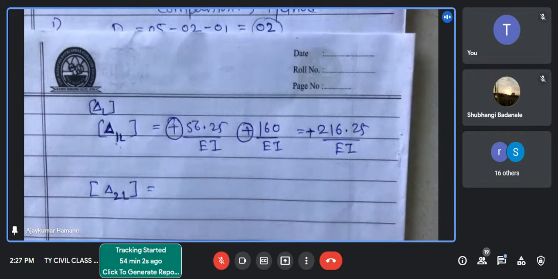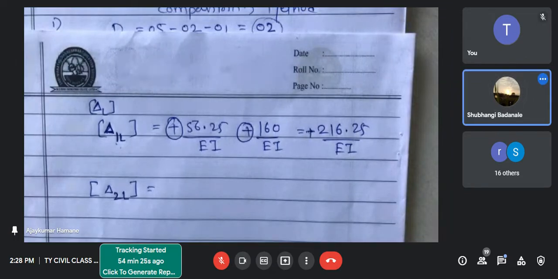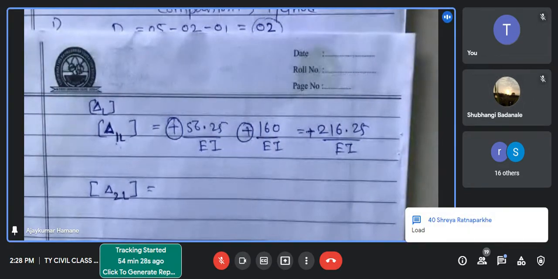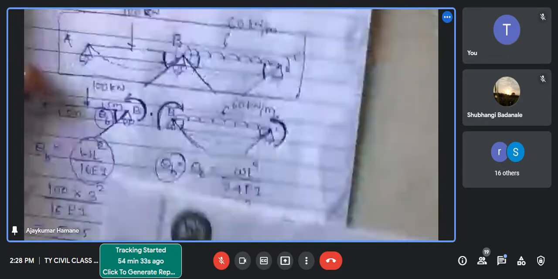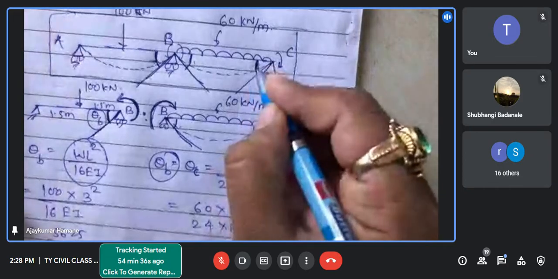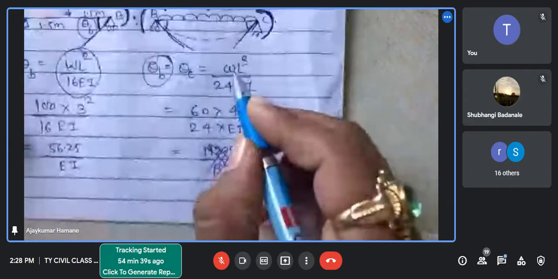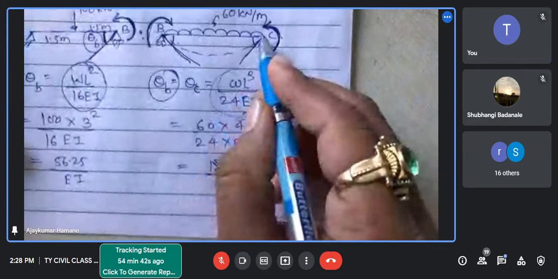Loading. Correct. Displacement at coordinate 2 due to the loading, correct? So this is the displacement at this coordinate due to the loading.